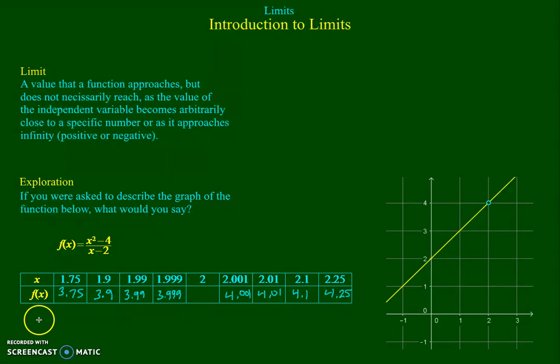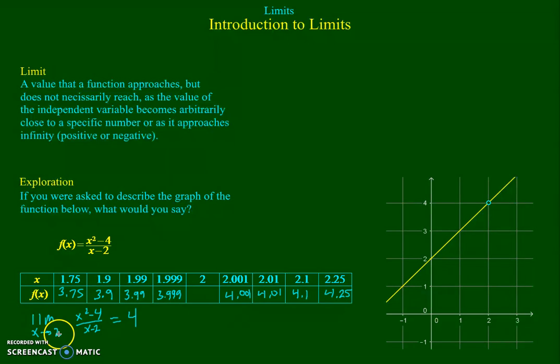And the way we would write that is we would say the limit as x approaches 2 of x squared minus 4 over x minus 2 equals 4. That's not saying that f of x equals 4 at that point. It's saying that this function is approaching 4 at that point.